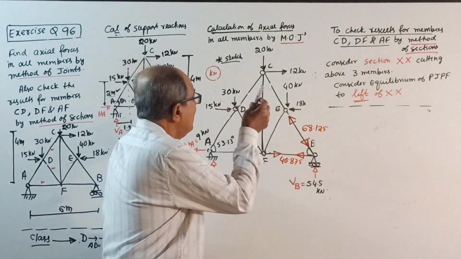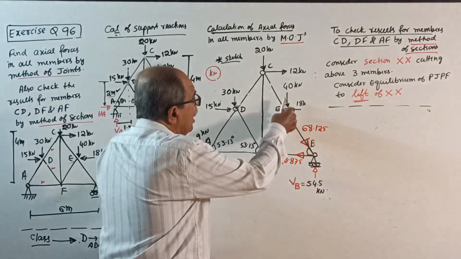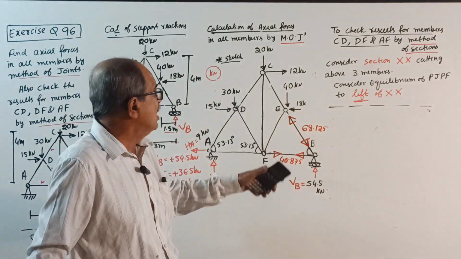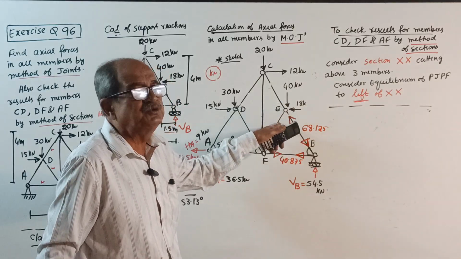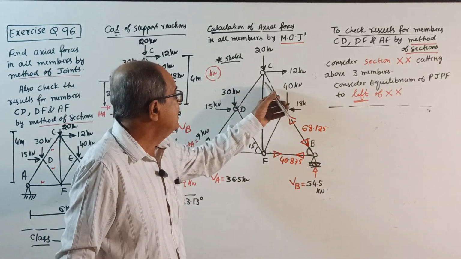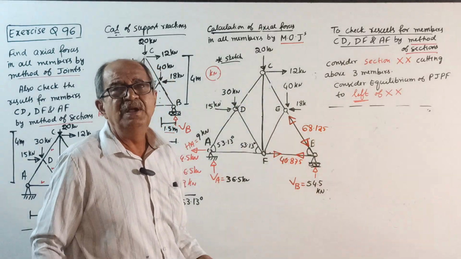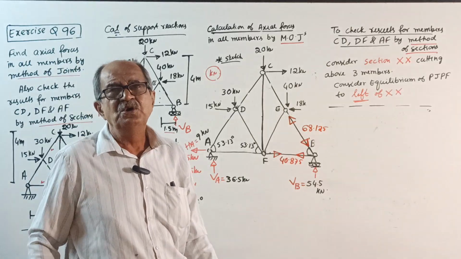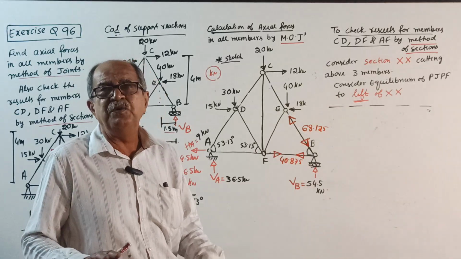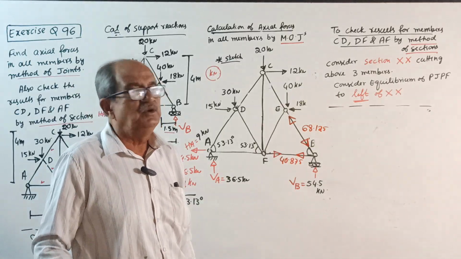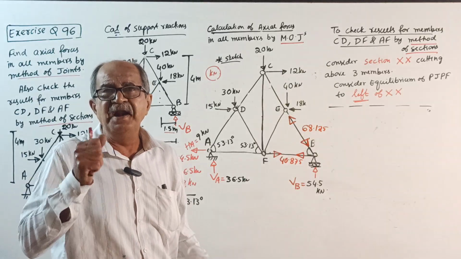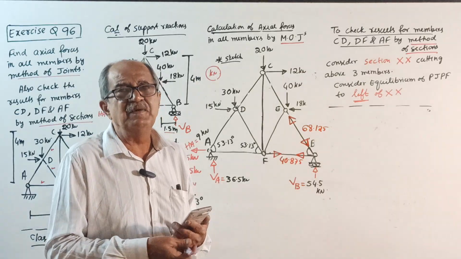I will resolve either perpendicular this one or perpendicular this one. If I resolve perpendicular to this member, this force will not come, I get that force. If I resolve perpendicular to this member, that will not come, this will come. But I will advise you not to go for such adventures. You can go to such adventures provided you got 100% confidence. Otherwise, don't go for it.